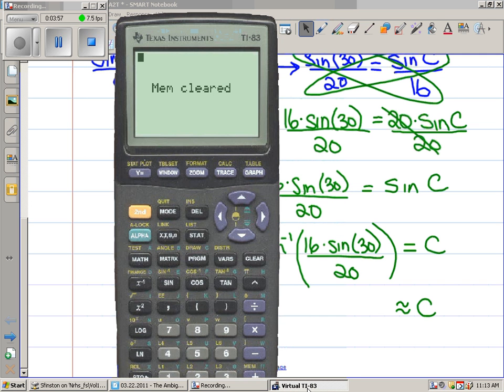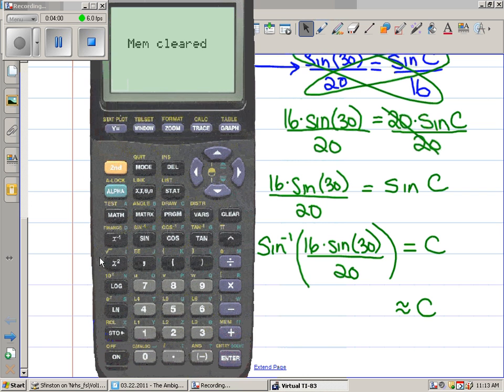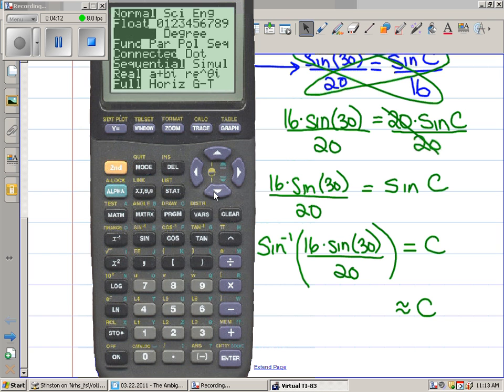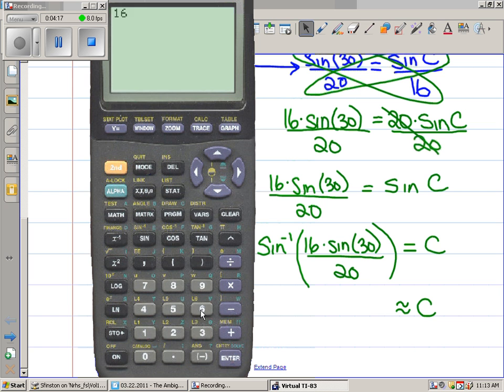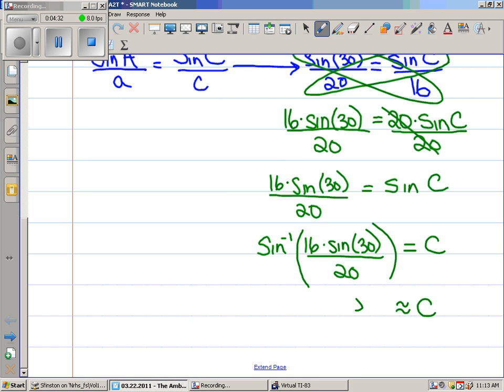I'm trying to find angle C, so I've got to use the arc sine. Let me make sure my calculator is in degree mode. I'm now going to type in 16 times the sine of 30 degrees divided by 20. The answer is, and I'm just going to round that to 24 to make life easy.